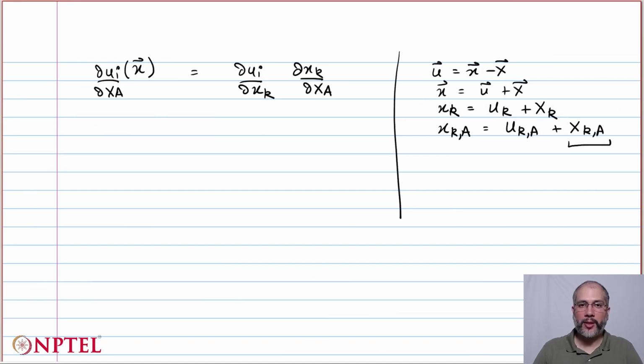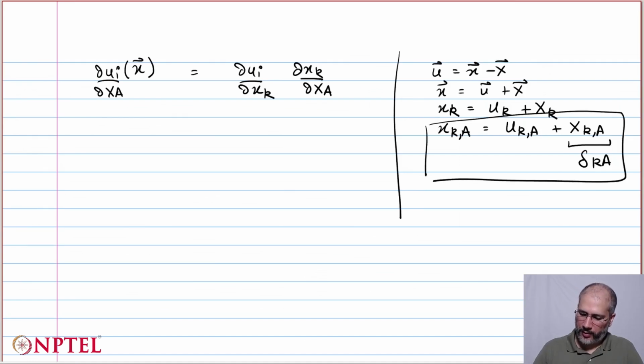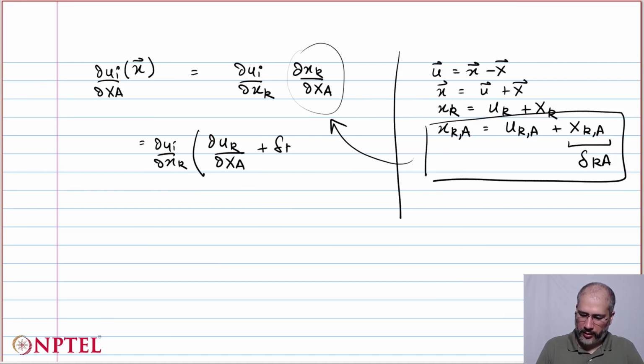But capital X_k,A is del capital X_k by del capital X_A, which simply is the Kronecker delta, delta_kA. So if I use this here, this becomes del u_i by del small x_k times del u_k by del capital X_A plus delta_kA.